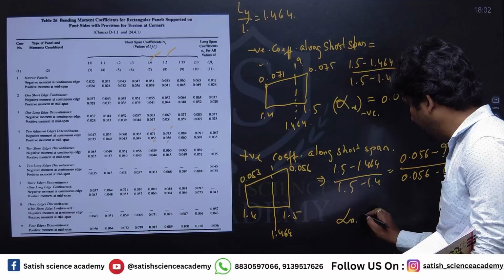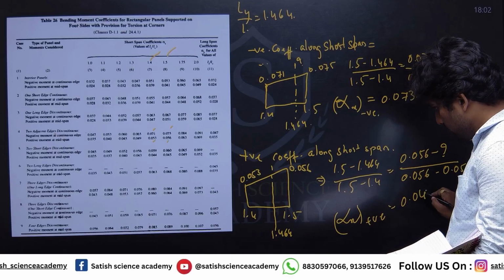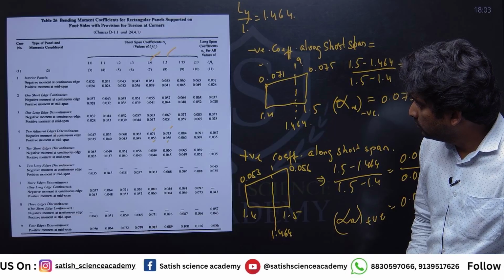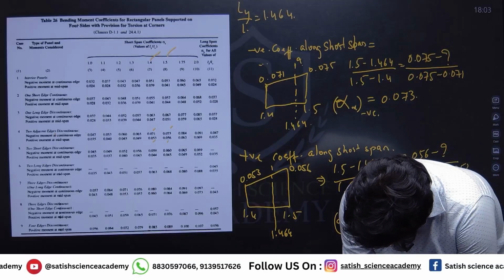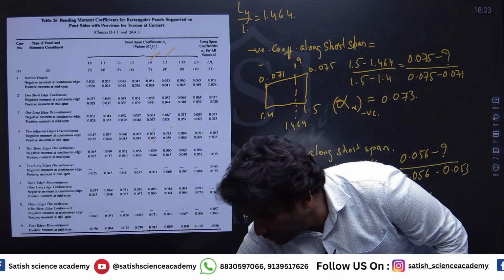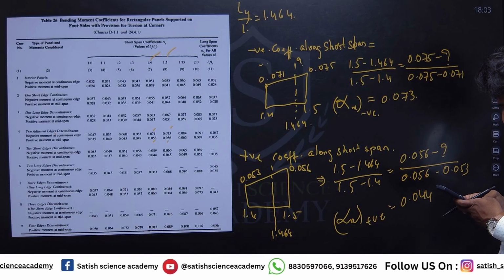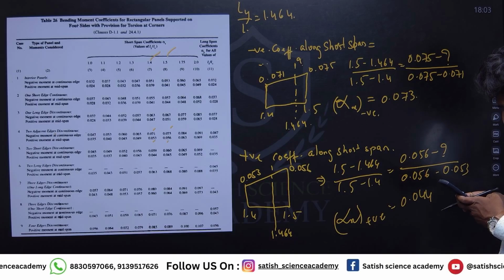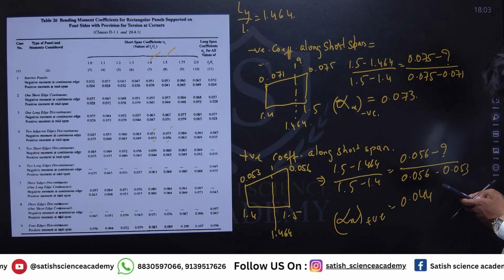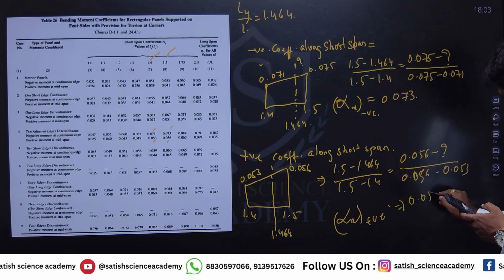So on solving this one, alpha x positive comes almost 0.056 only.